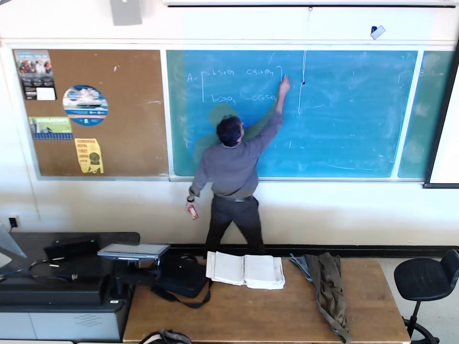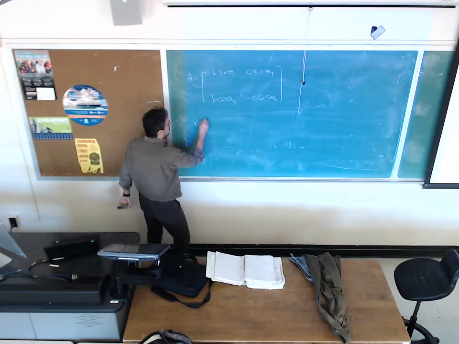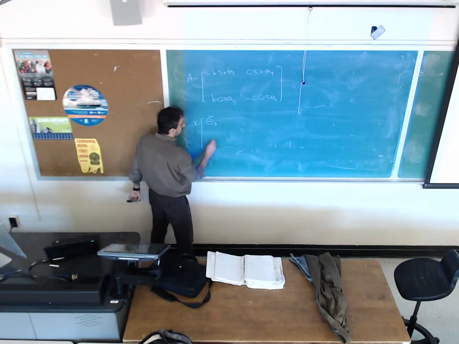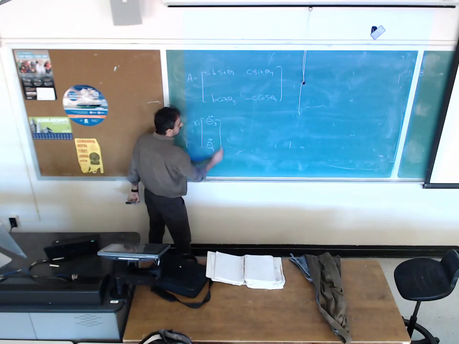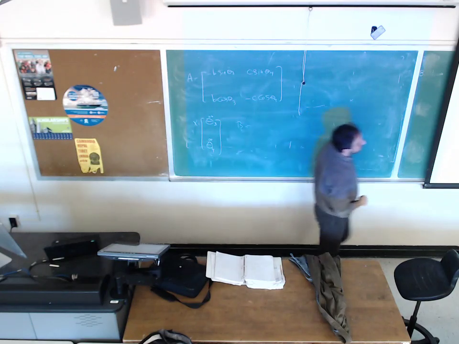So matrix A times matrix X, which is theta double dot 3, theta double dot 4, should be equal to matrix B, which is here.